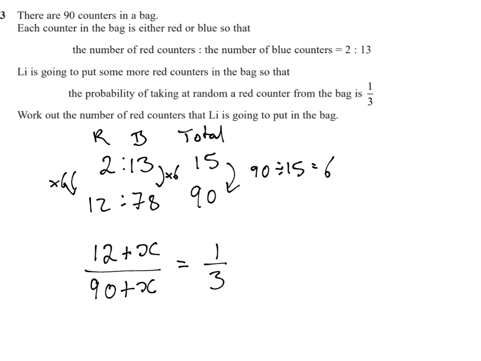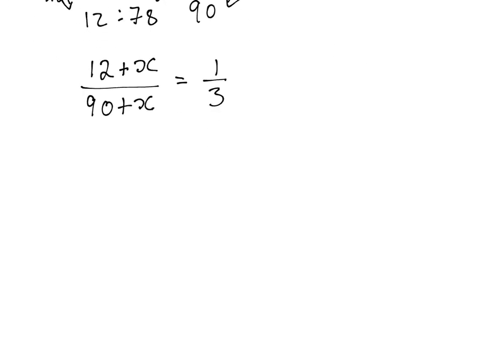So the fraction equals 1/3. So I'm then going to multiply both sides by 90 plus x. So 12 plus x equals 1/3 times 90 plus x.